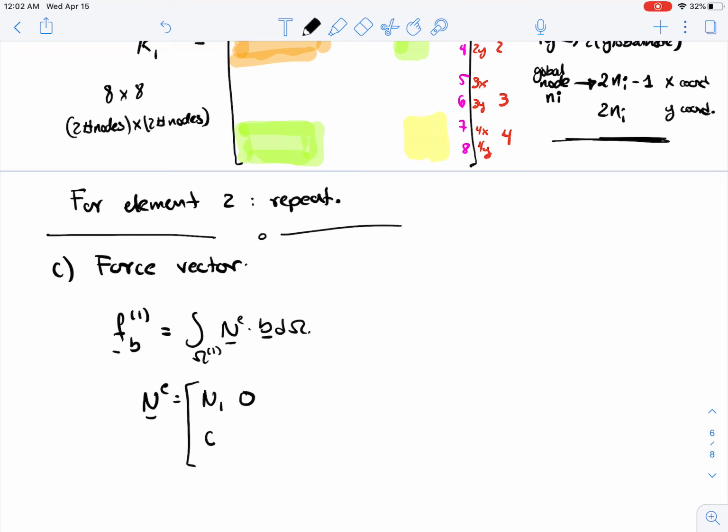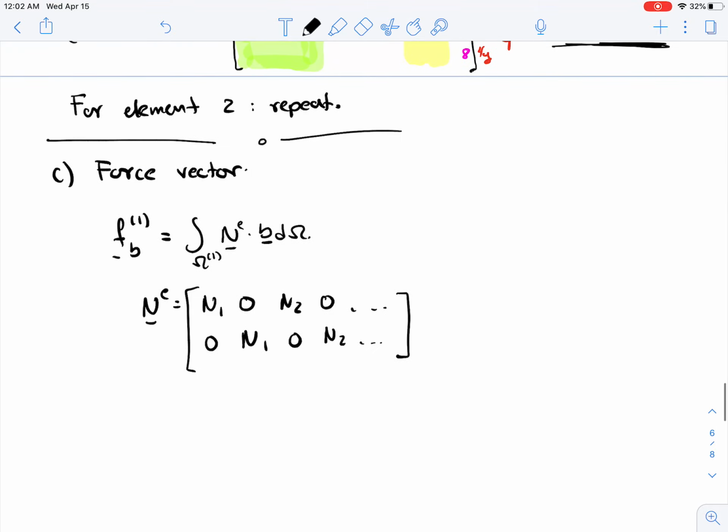So this one would have N1, actually it's a 2 by, because it has to go to the 2. So it has 2 rows because one row is for x, another row is for y, and then you have N1, 0, and N2, 0, and so on. And then 0 and N1, 0 and N2, and so on.